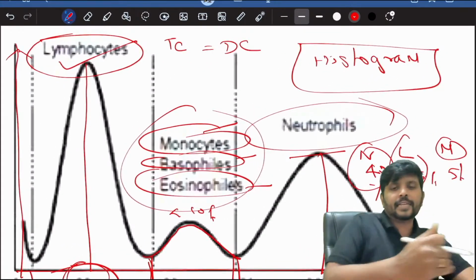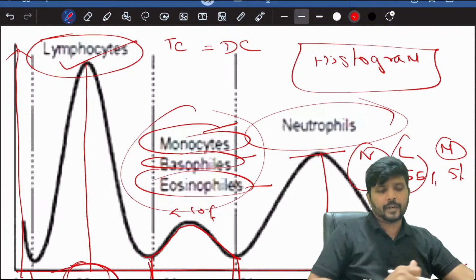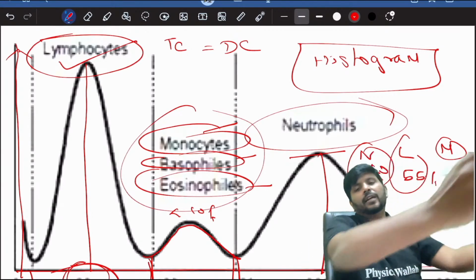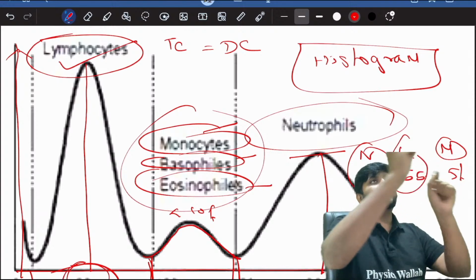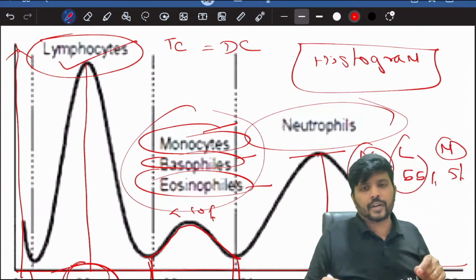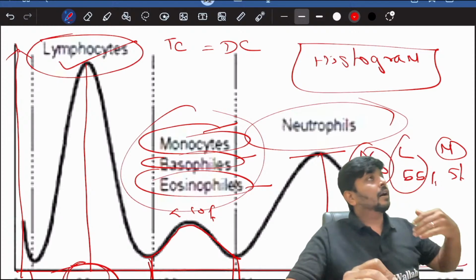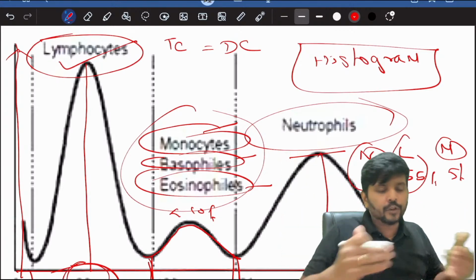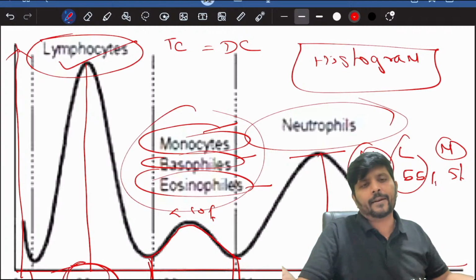So this is how the histogram has to be interpreted. It doesn't mean that you only need to look at the total number of cells to look for ANC, ALC or AEC. By simply looking at this histogram, a diagnosis of absolute lymphocytosis, absolute neutrophilia, eosinophilia, everything can be made.